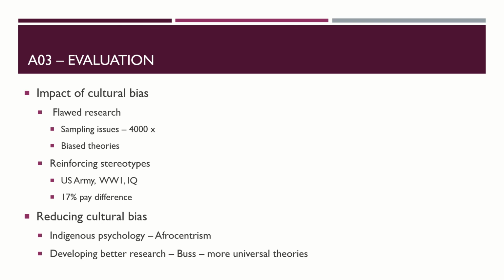He was working hard to try and develop an appropriate, non-culturally biased, so a universal, theory of mating preferences, and consistently found that men preferred younger women and women preferred older men.